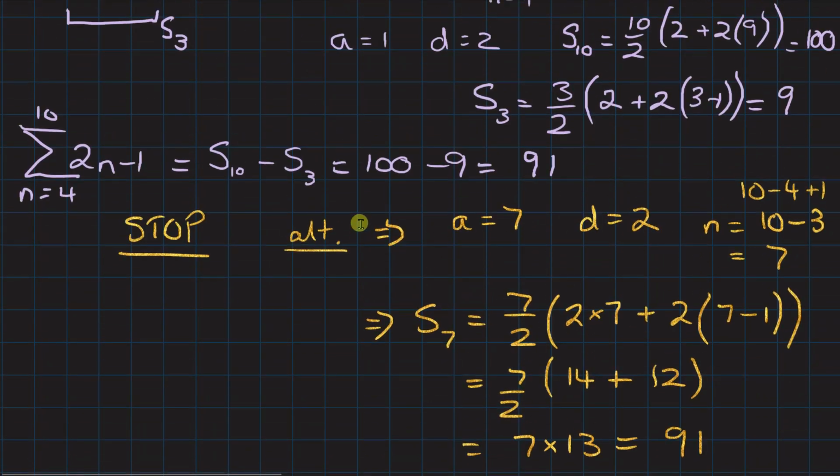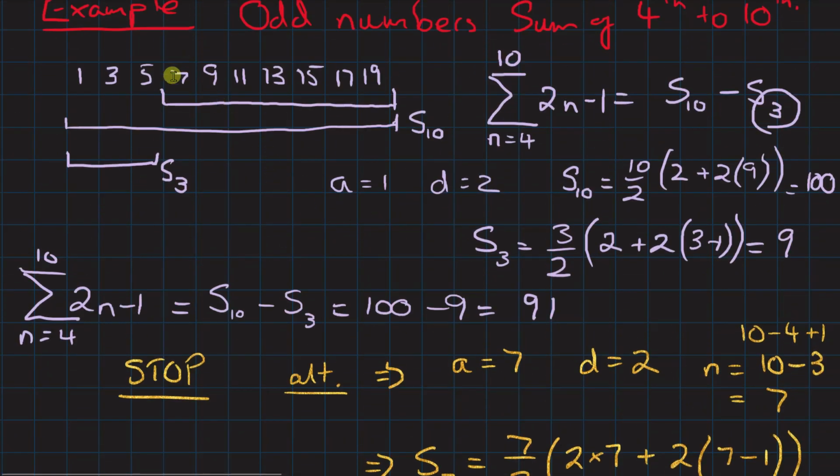So the alternative way of doing this is to redefine our sequence in terms of these numbers. So my first term is now 7. My difference is still 2. And my number of terms now needs to be, instead of doing the one less in this subtraction here, one less of the number of terms that we're doing.